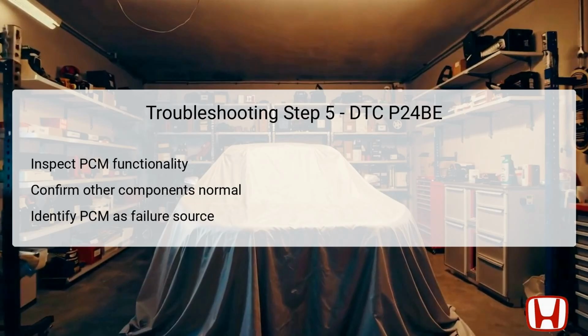If all other components had been ruled out as causes of the DTC P24BE, it suggests that the PCM itself may have malfunctioned. Conduct diagnostic tests to ensure that the PCM is functioning correctly and that it is able to interpret signals accurately. If all indicators confirm that the PCM is at fault, it should be replaced to resolve the DTC and restore proper vehicle operation.